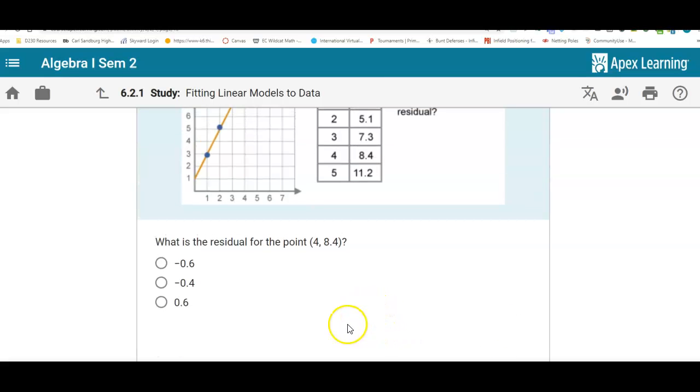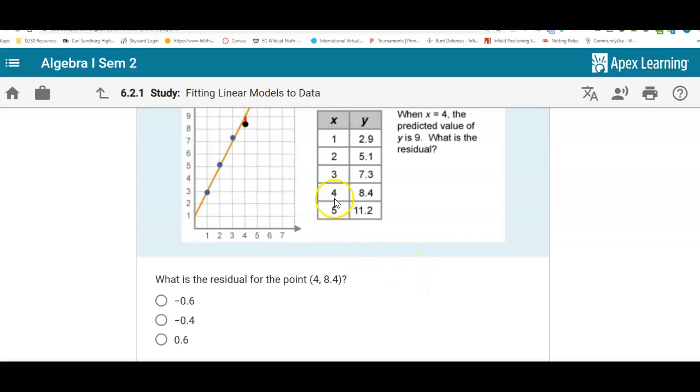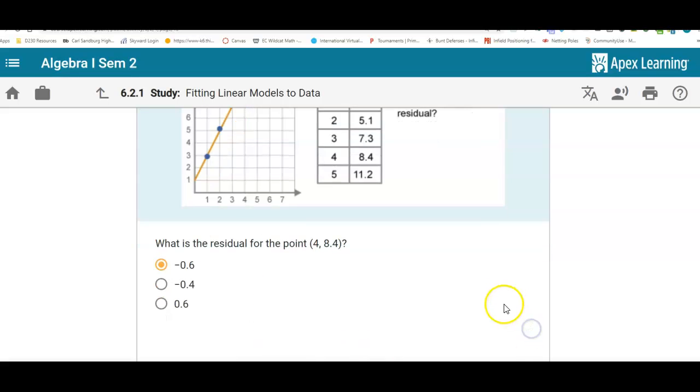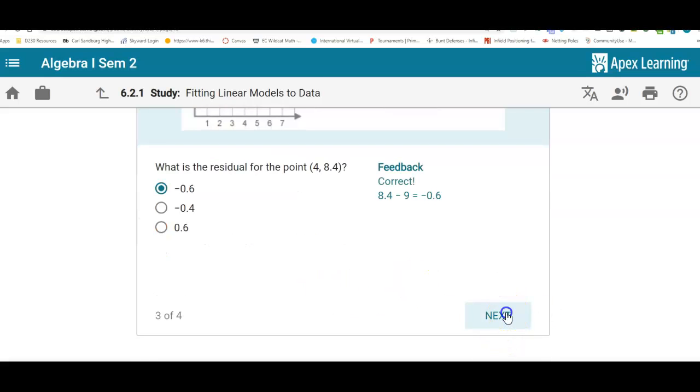Now, what is the residual for the point (4, 8.4)? When you look at it, 8.4 is below, so it's negative. The predicted was 9 and the actual was 8.4. So we know we're below, so it's negative, and 9 minus 8.4 is 0.6. That would be the residual.